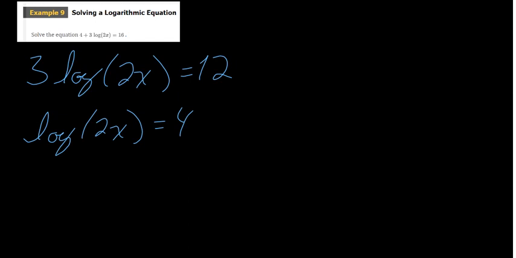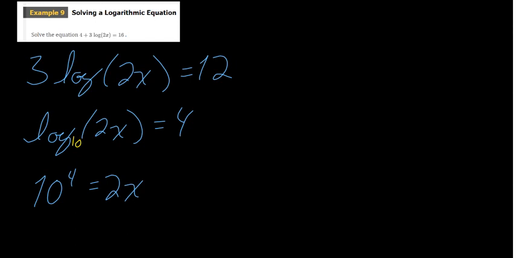Okay, well, what do we do here? We have log of 2x equal to 4. If you recall, log has that implied base of 10, right? So this would just be simply saying 10 raised to the 4th power is equal to 2x. Well, 10 raised to the 4th power is a 1 with 4 zeros.